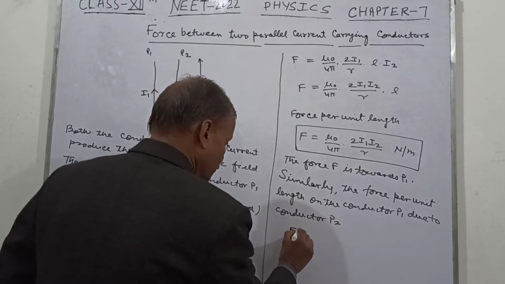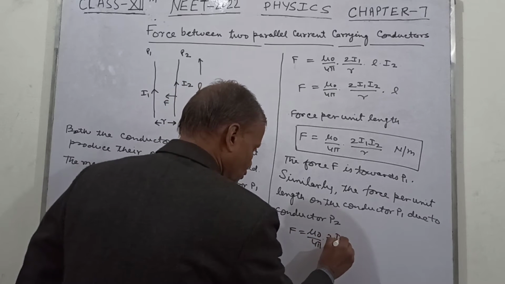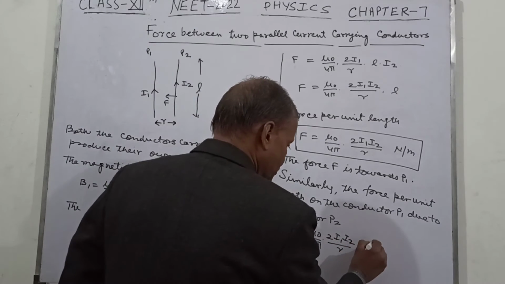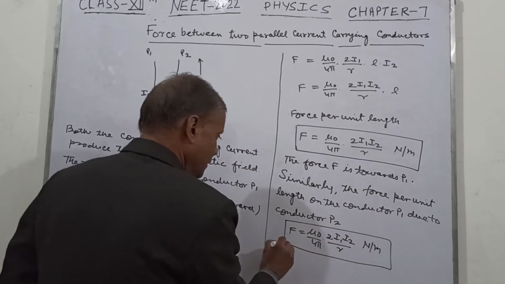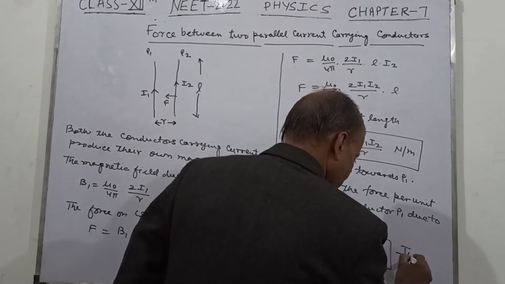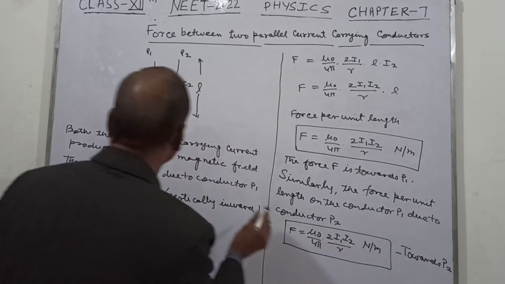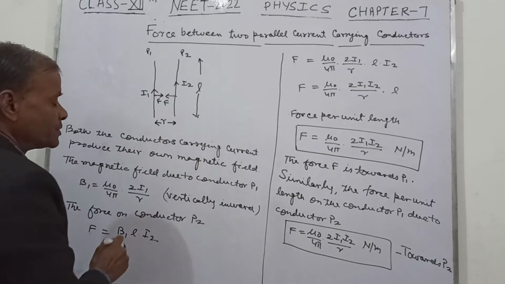Now this F equal to mu naught upon 4 pi into 2 I1 into I2 upon R. This is so much Newton per meter. Now it will be towards P2. So this force will be like this. This is now force F.